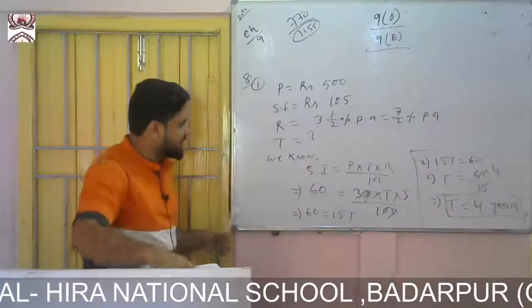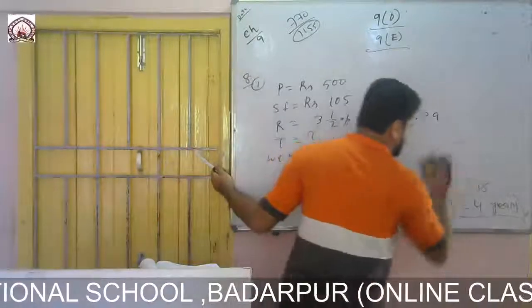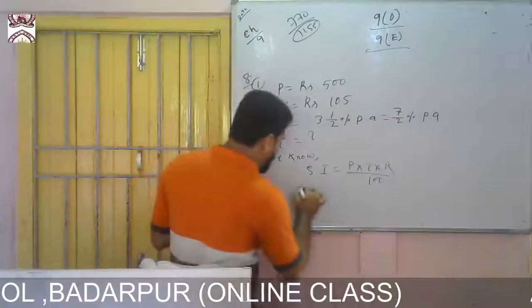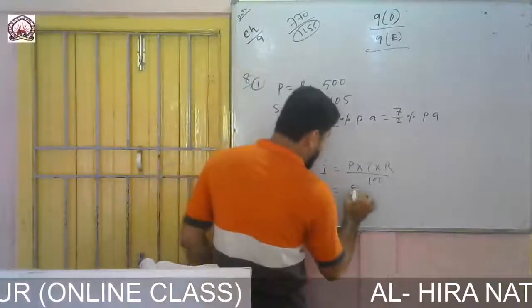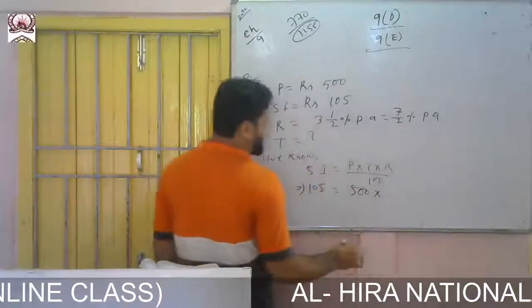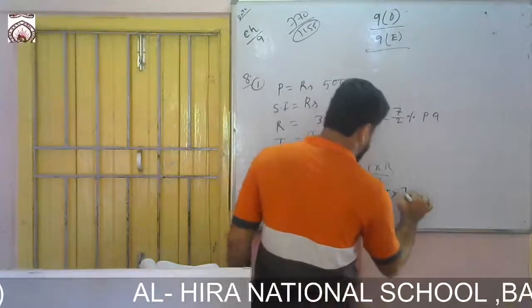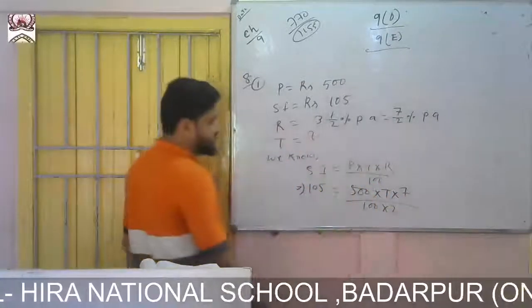So we will be using this one. Write what we know: SI equals 105 given, and principal 500, into T, we need to find, and R is 7 by 2. So 2 will come here as it is a fraction.